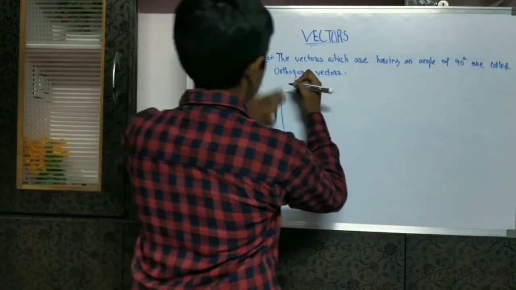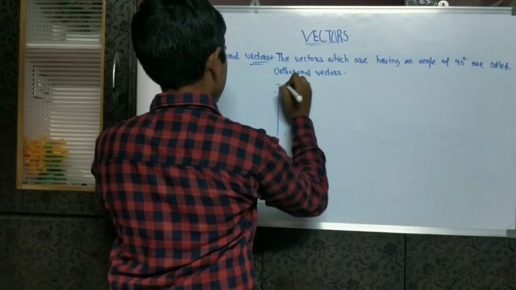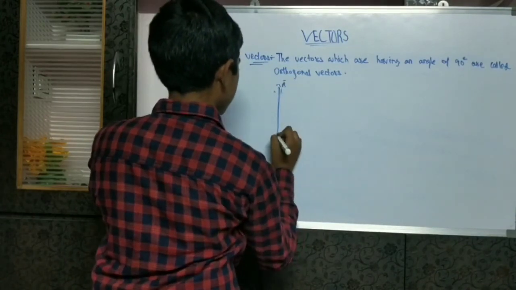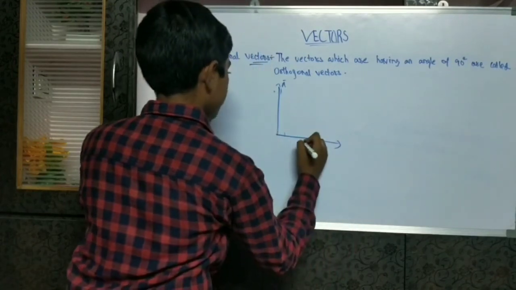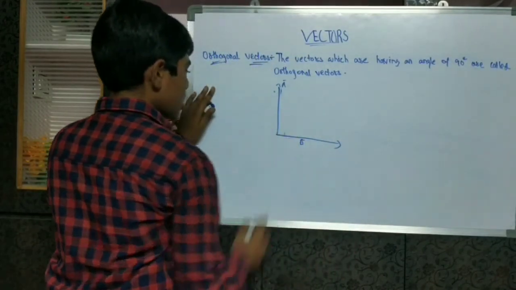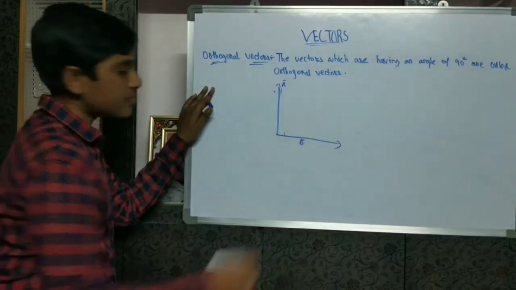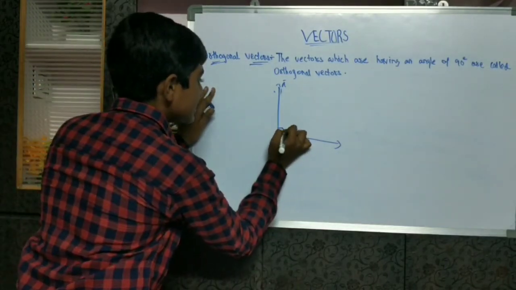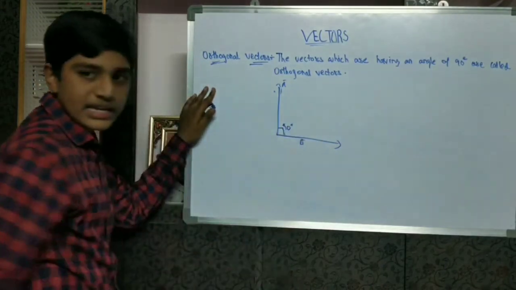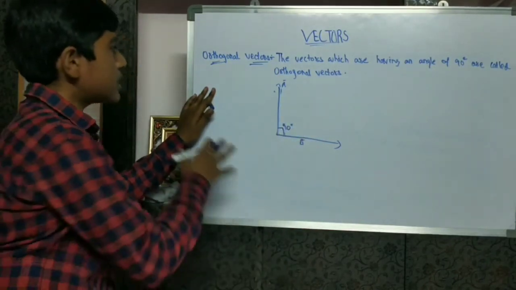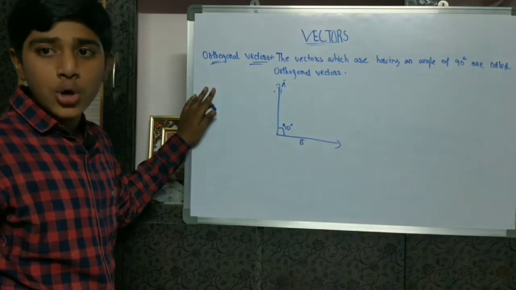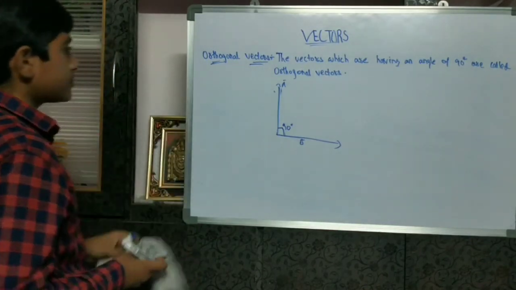This is a vector A bar and this is another vector B bar. If you observe here, their angle is 90 degrees. That means they are perpendicular to each other, so we can say that they are orthogonal vectors.